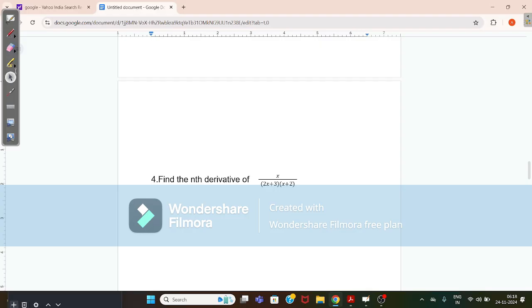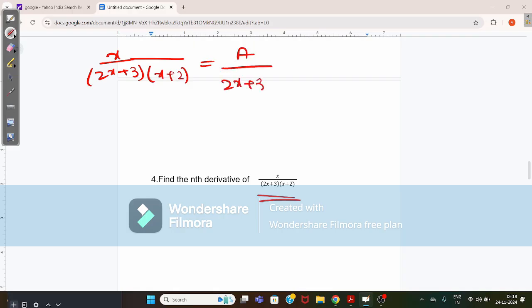Now this is the question we have: x by 2x plus 3 into x plus 2. Now do the partial fraction. This can be written as a by 2x plus 3 plus b by x plus 2. So do the partial fraction. x is equal to a into x plus 2 plus b into 2x plus 3.